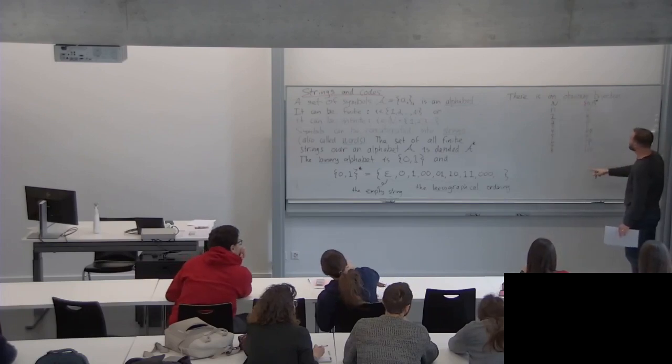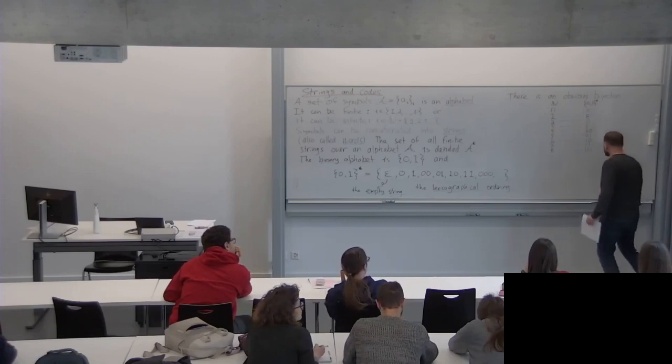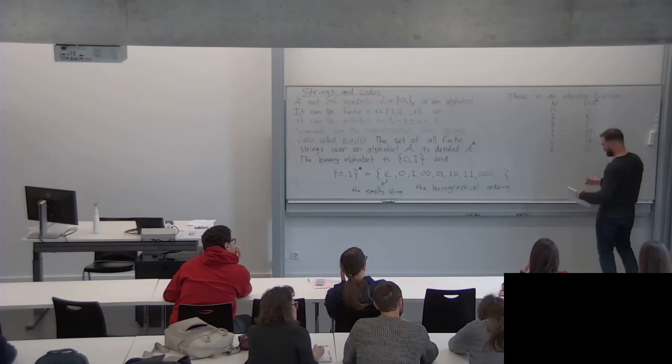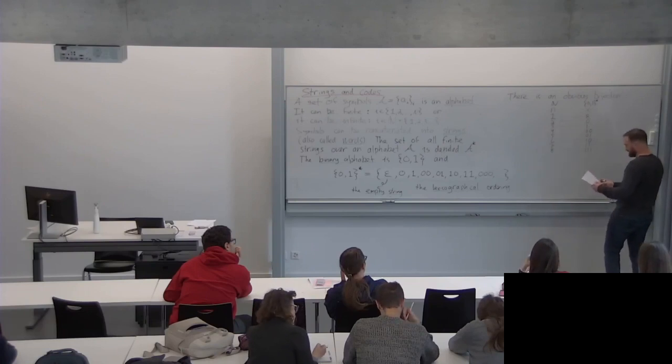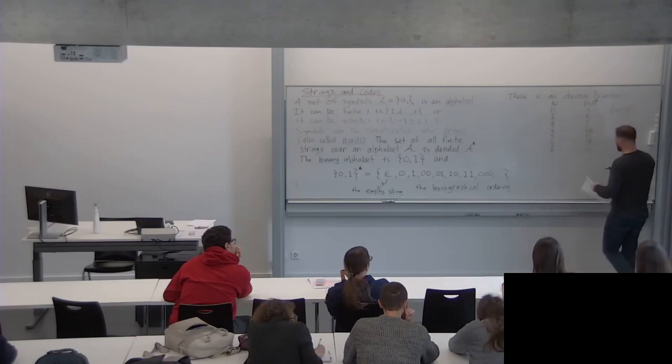Now, writing them down like this is one way to get them, but a convenient way to do it also is to look into the binary representation of the number n.